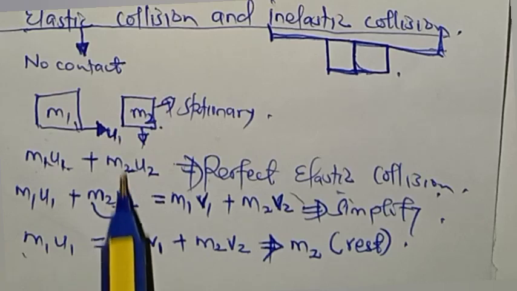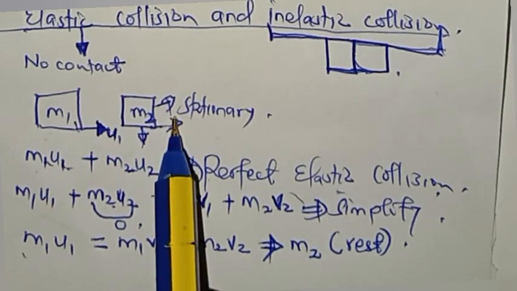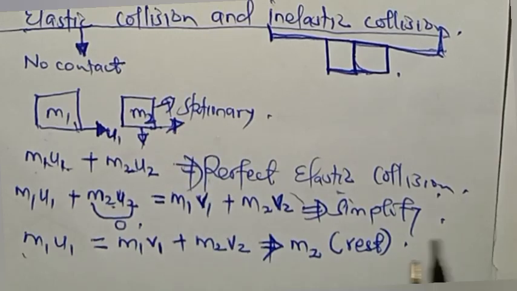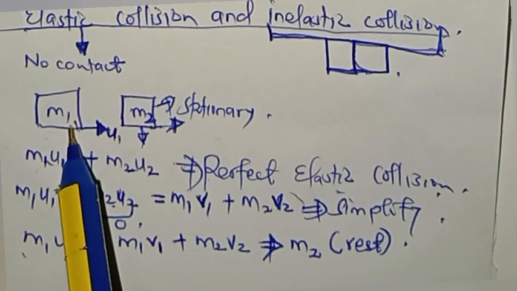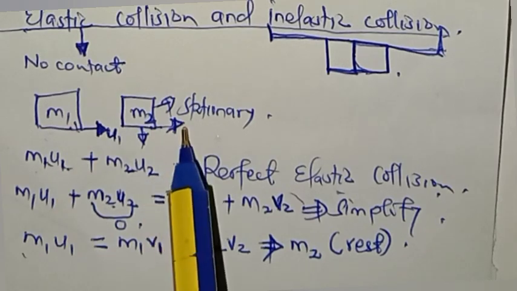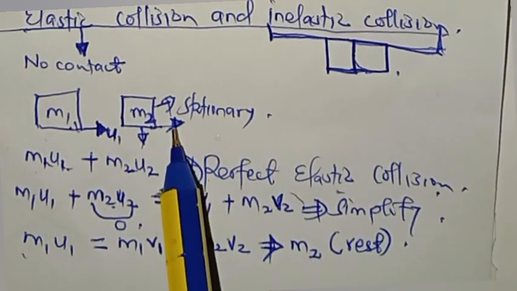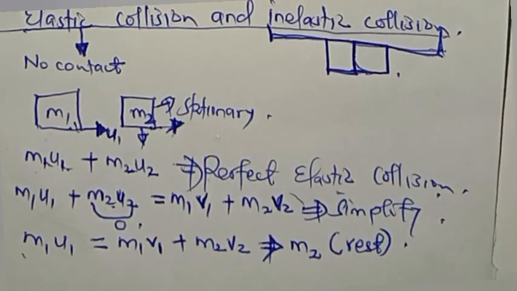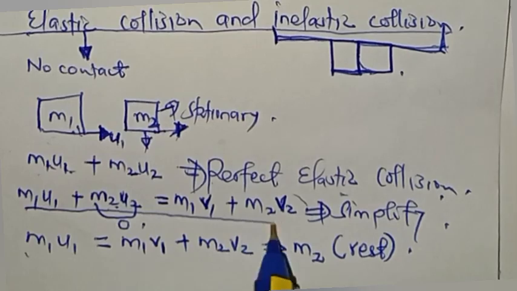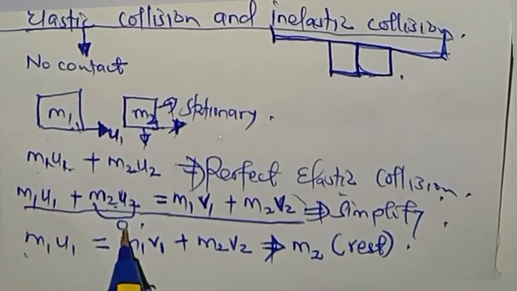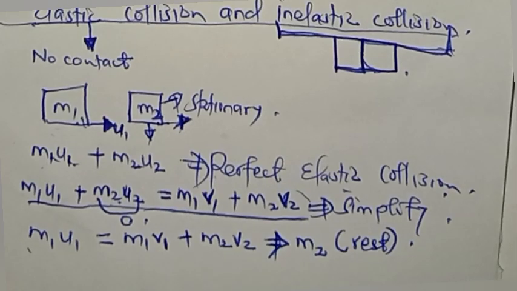But when the two bodies were moving initially, and M1 was moving at a higher rate than M2, they will still collide. But in that case this formula will remain, since U will not be 0.